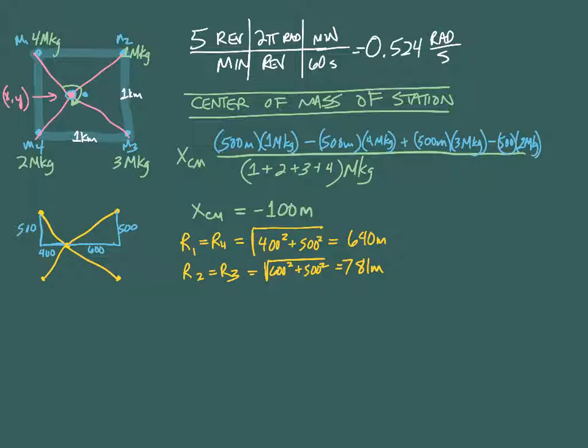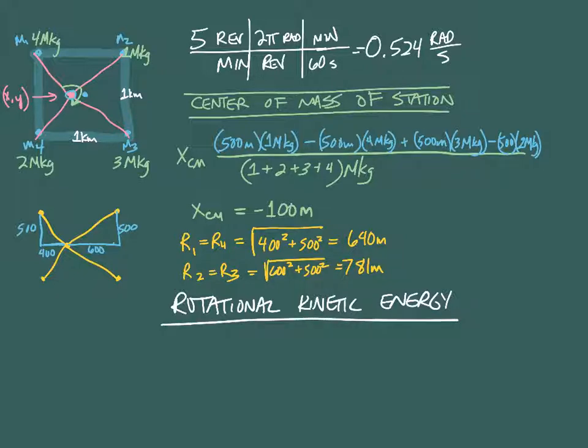So now I know those radii, which is going to be critical because what always shows up in a rotational energy problem? I'm going to have that R that's associated with some mass. So rotational kinetic energy, because we want to know how much energy it takes to do this.